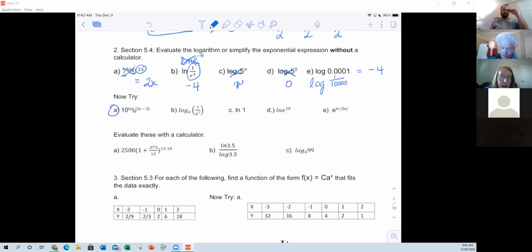I'm not. I thought. Okay, let me show you why. So here, if we were to write this in exponential form, we would say 10 to some power equals 10 to the log base 10 of 2x minus 3.